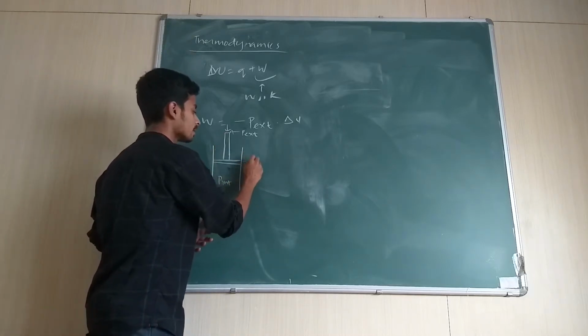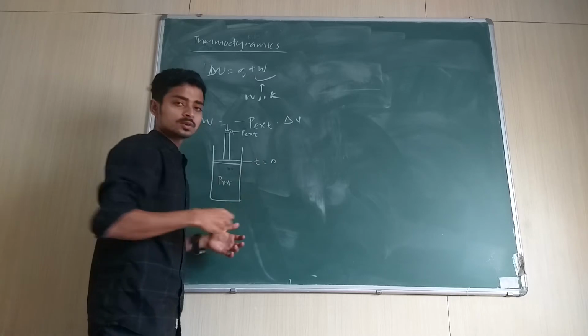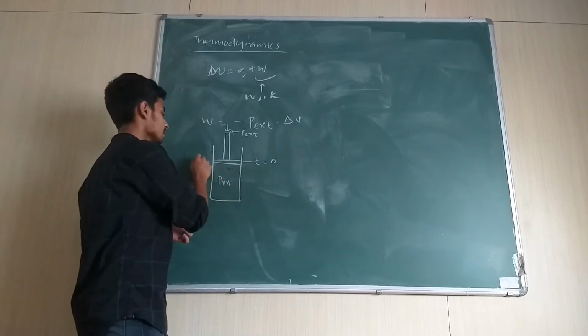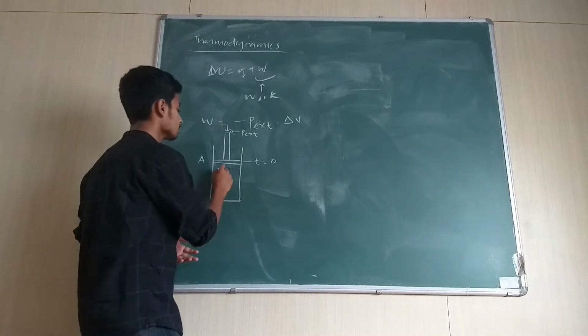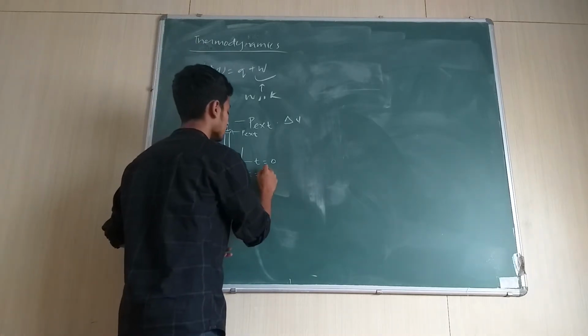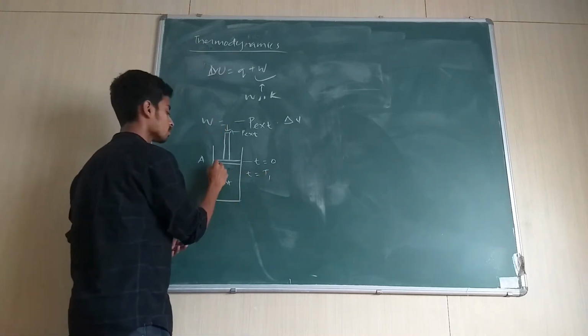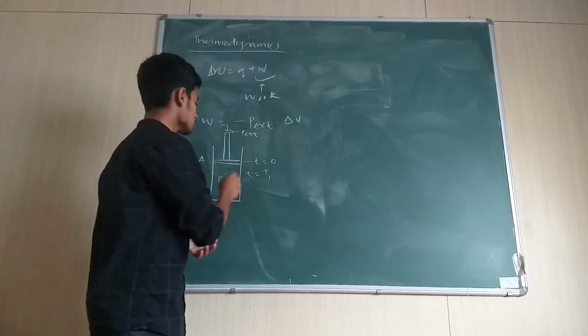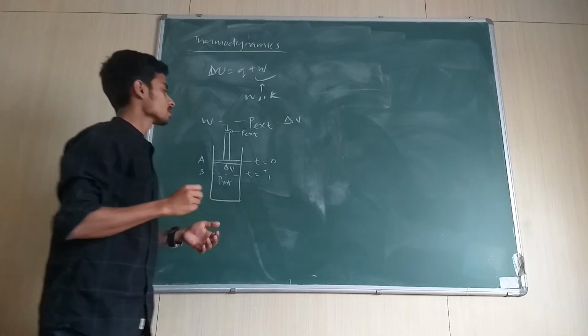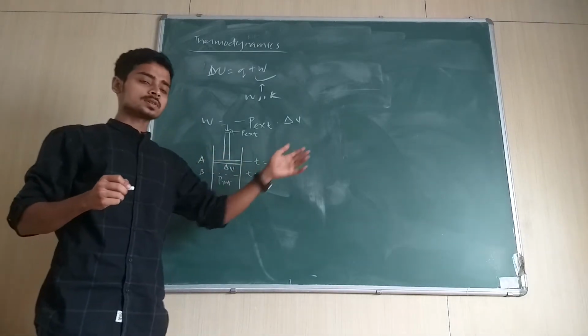For example, at time t equal to 0, it is the initial position A. And after a certain point of time, at t equal to, let's say, t1, the piston moves to this point B. So we can see there is a change in volume delta V. So this is the basic formulation of first law.